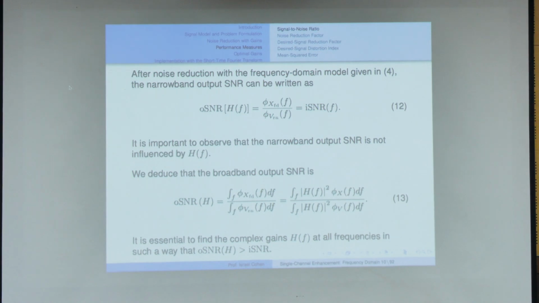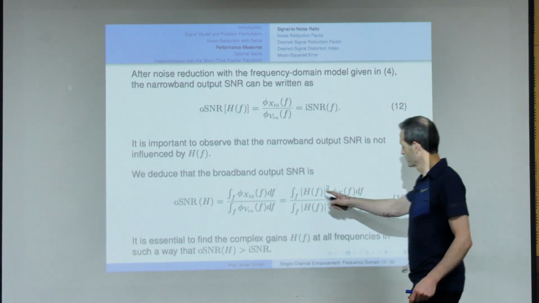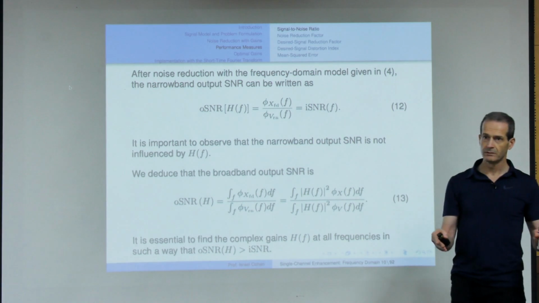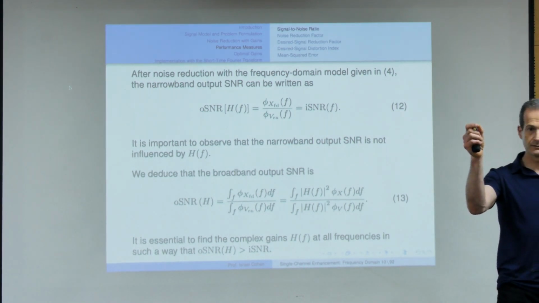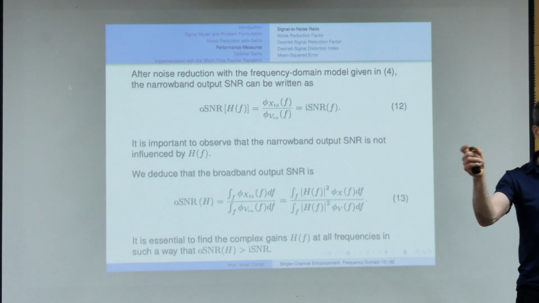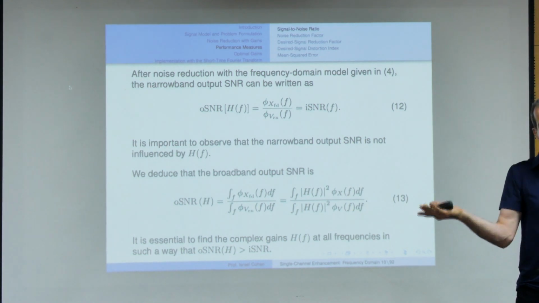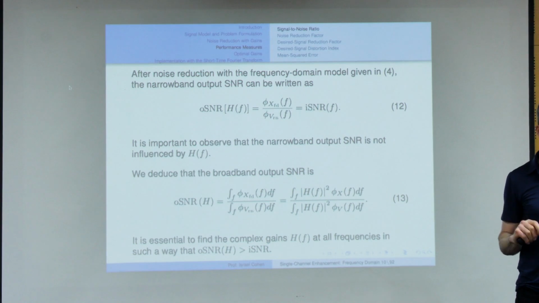Okay, this integral. I think you know how to solve it, but even without solving it mathematically, think about it: if I take a vector H whose norm is constant, it means that if I increase one element, I need to decrease other elements, because the norm is constant.